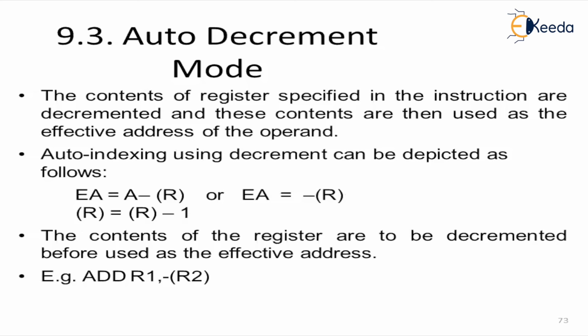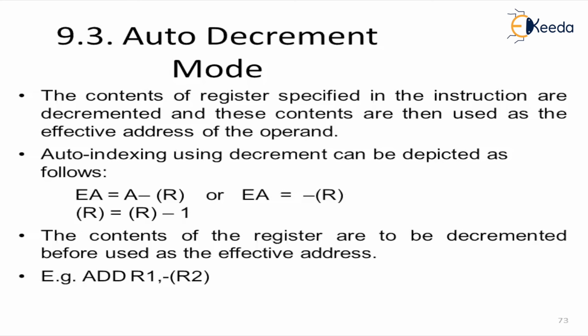Auto decrement: we used the plus sign when we wanted to increment. Now when we want to decrement, it is in the form of minus. In auto decrement, the content of the register specified in the instruction is decremented and these contents are then used as the effective address of the operand.